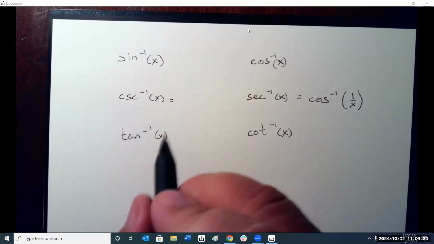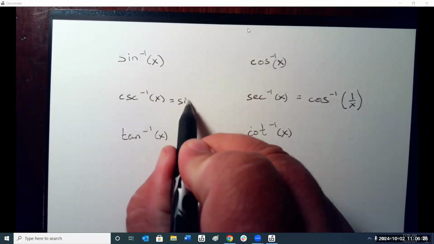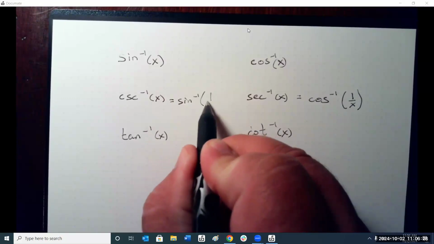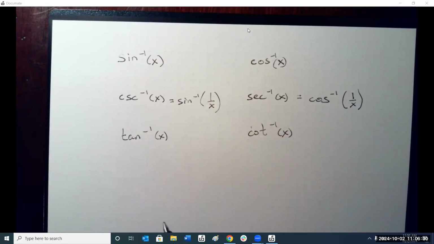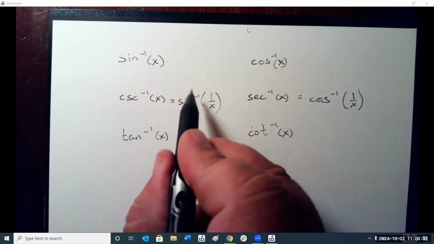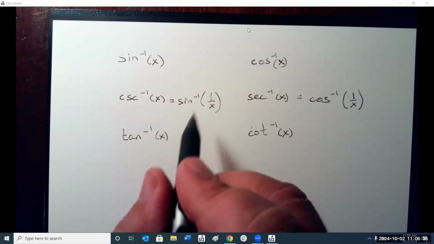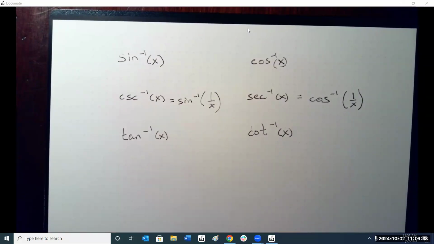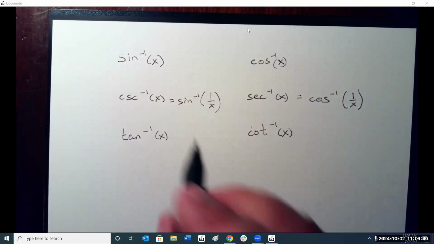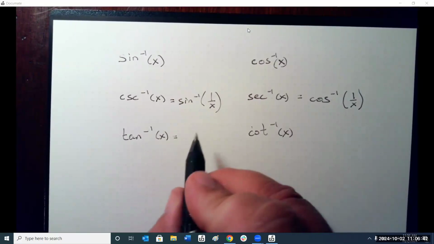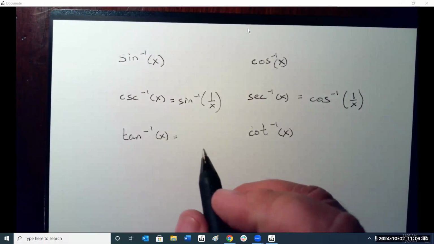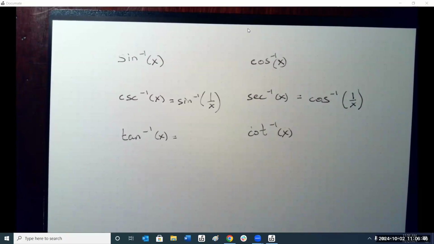Cosecant is 1 over sine, so it's the inverse of sine of 1 over x. Because instead of writing 1 over sine x, we write sine inverse of 1 over x. And tangent and cotangent are sine and cosine, respectively.